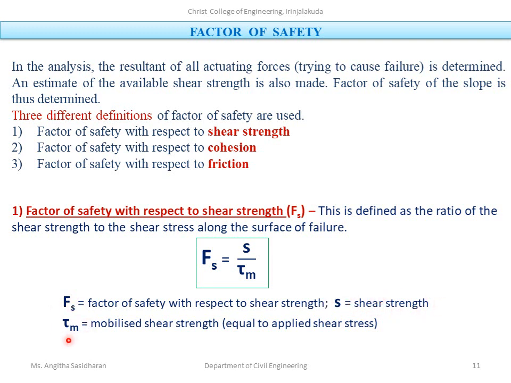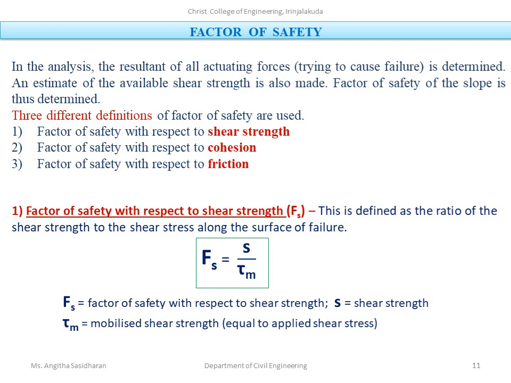And what is tau m? It is the mobilized shear strength, which I explained before. The soil has some shear strength available, and we can use it to resist deformation when some load is acting or when the slope is about to fail.